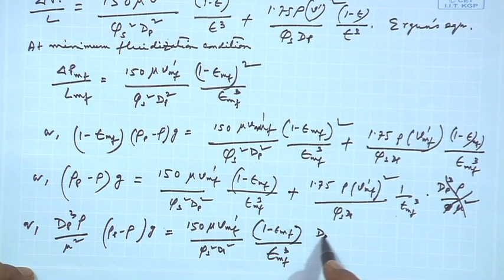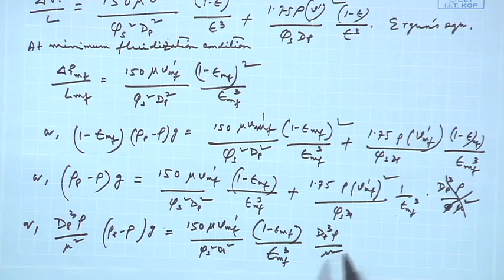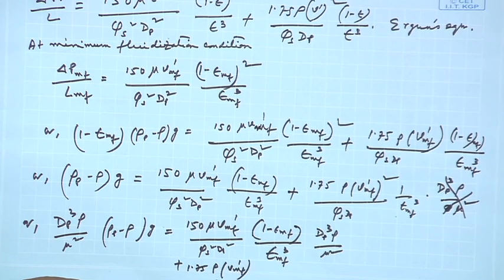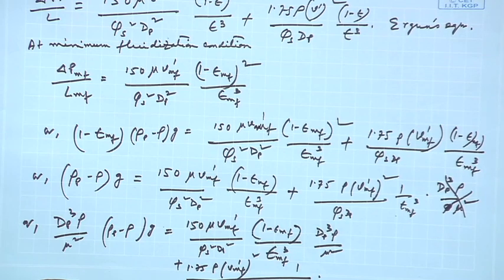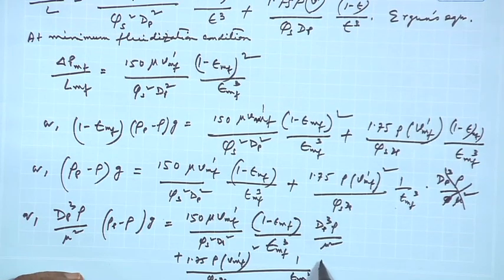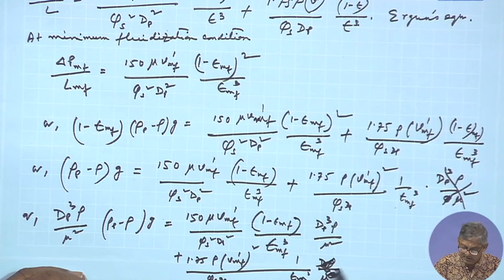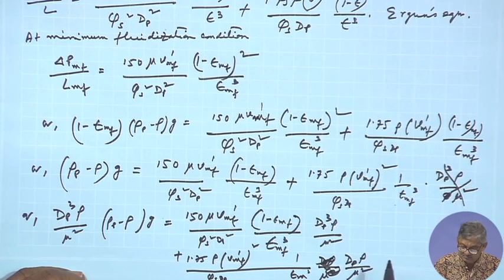We multiplied both the sides with this d_p cubed rho by mu squared, plus 1.75 rho V_mf prime squared, divided by phi_s d_p, plus 1 by epsilon_mf cubed, into d_p rho by mu squared, right.